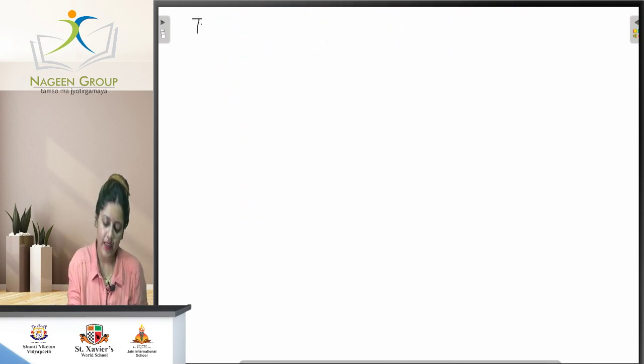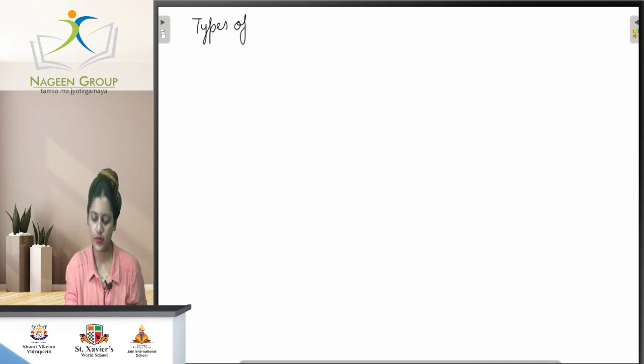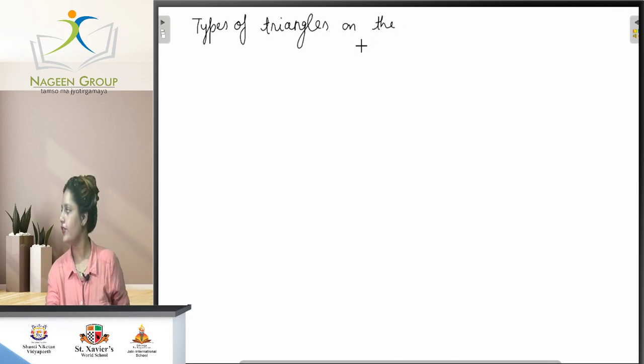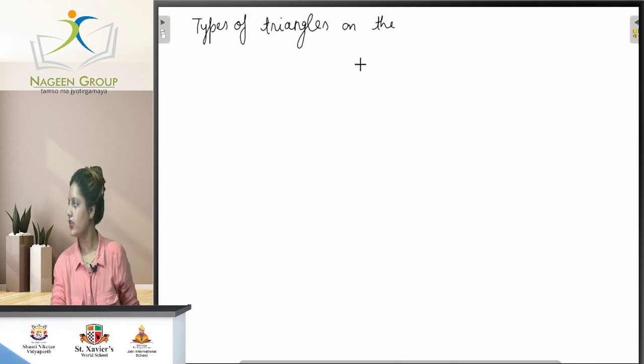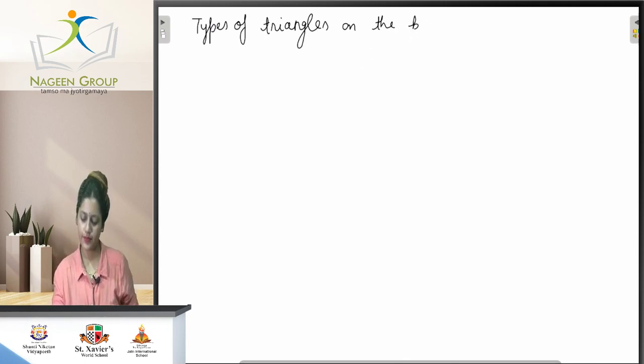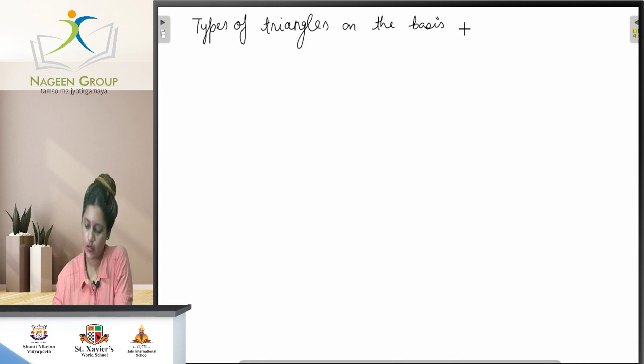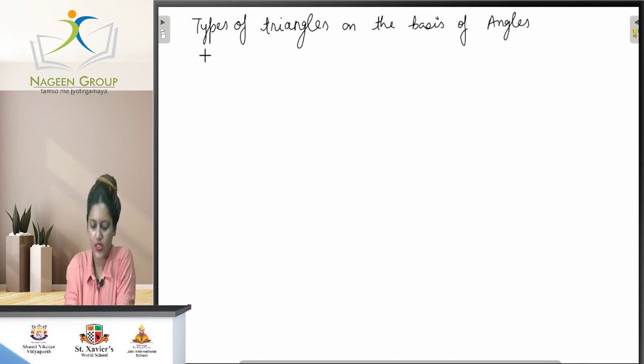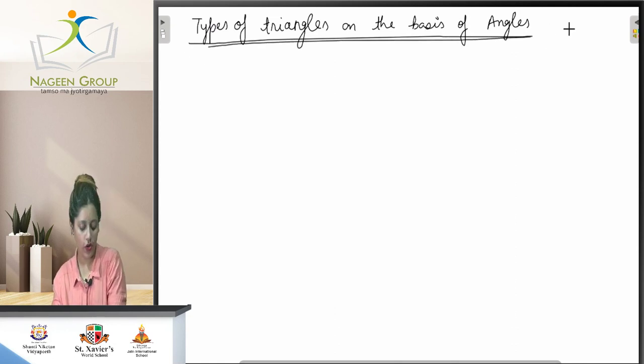Now, next one is types of triangles on the basis of angles. So, the types of a triangle on the basis of what?